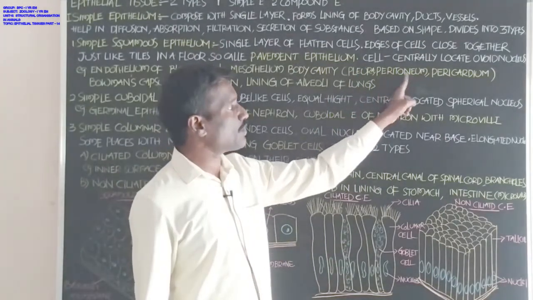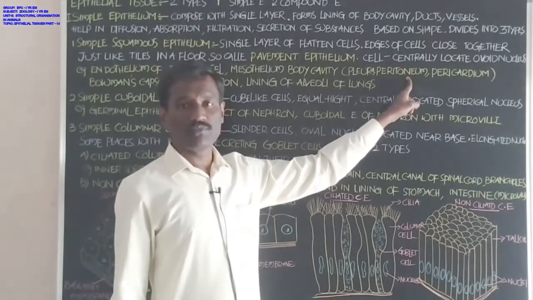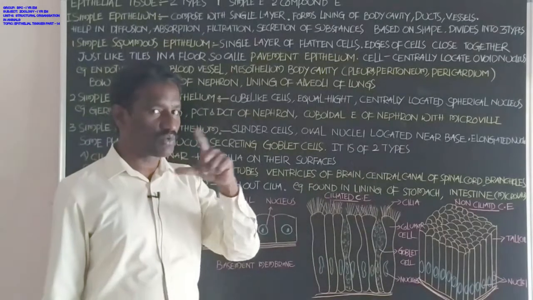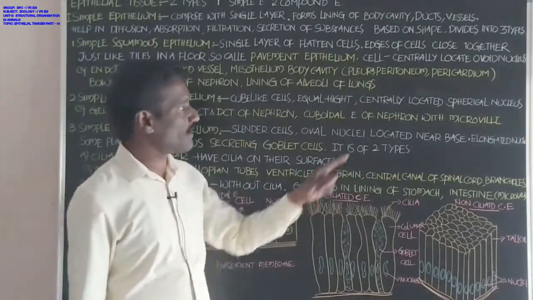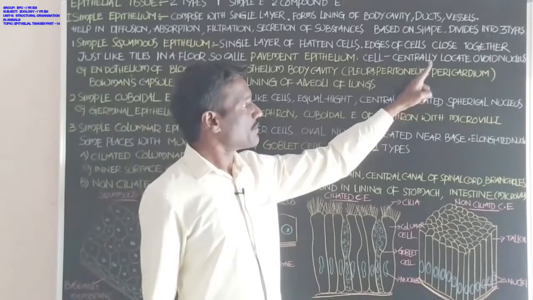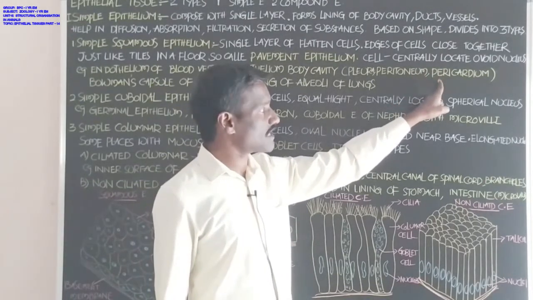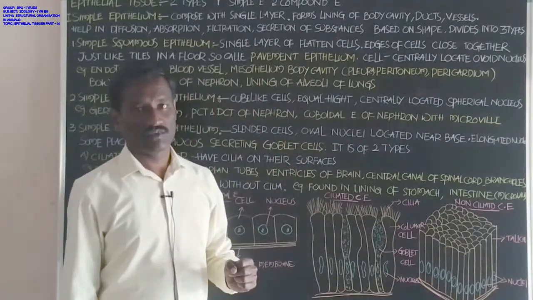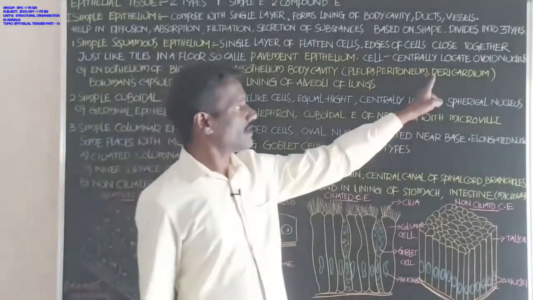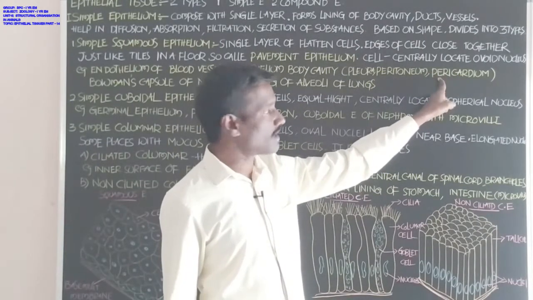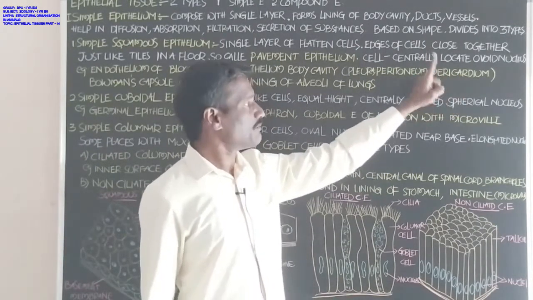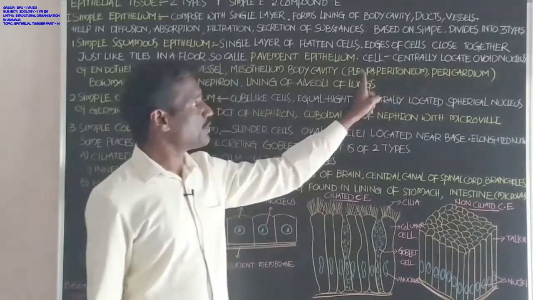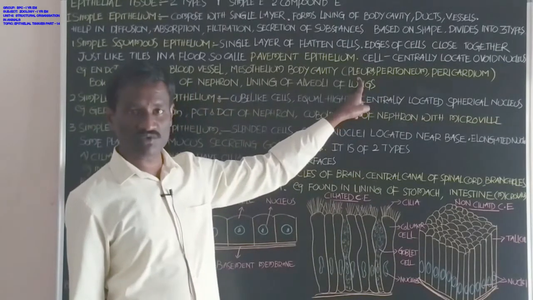Next, peritoneum: the mesoderm or simple epithelium that surrounds the body cavity is called peritoneum. The simple epithelium that surrounds the heart, the cardiac muscles, is called pericardium. Pleura is simple epithelium surrounding the lungs.